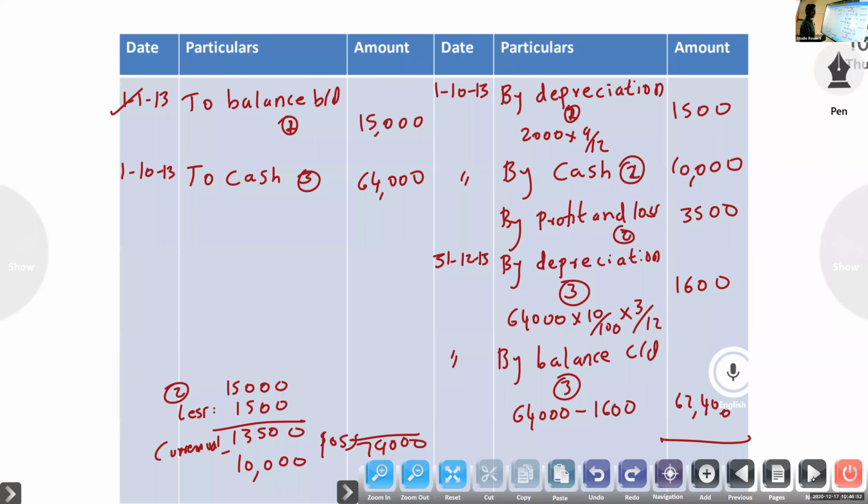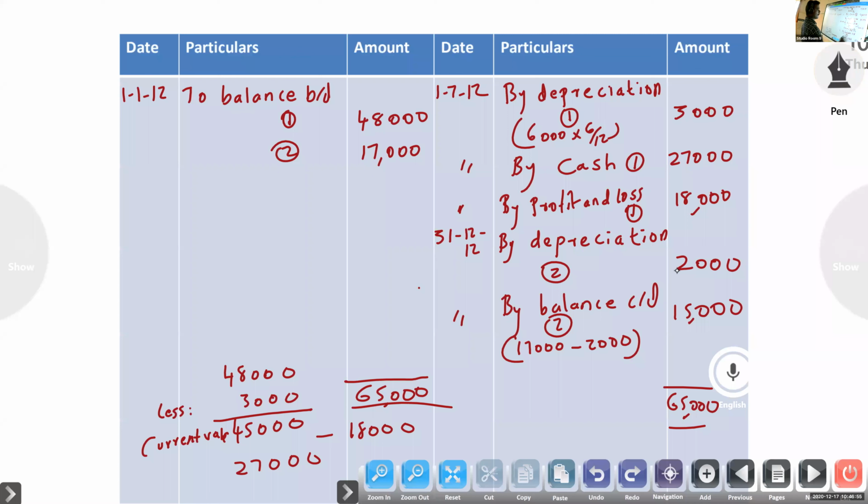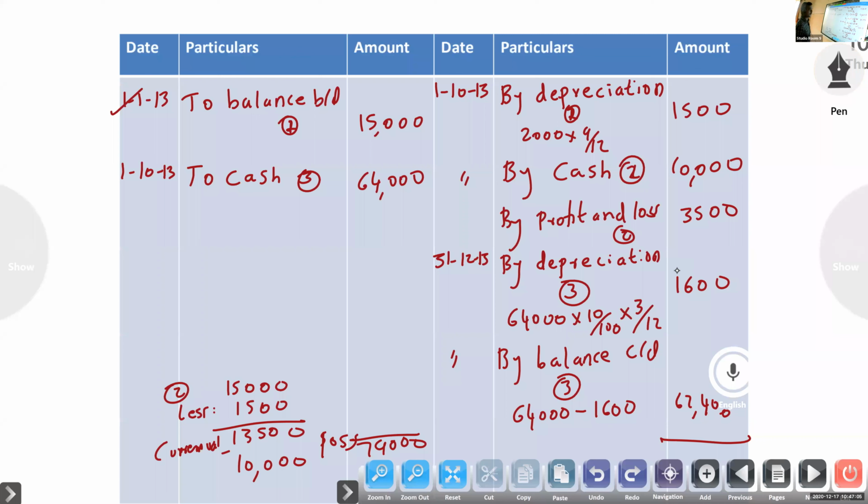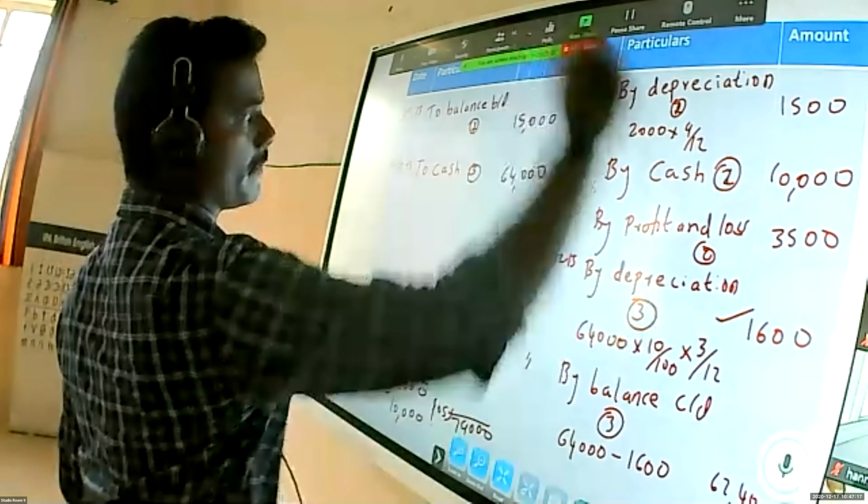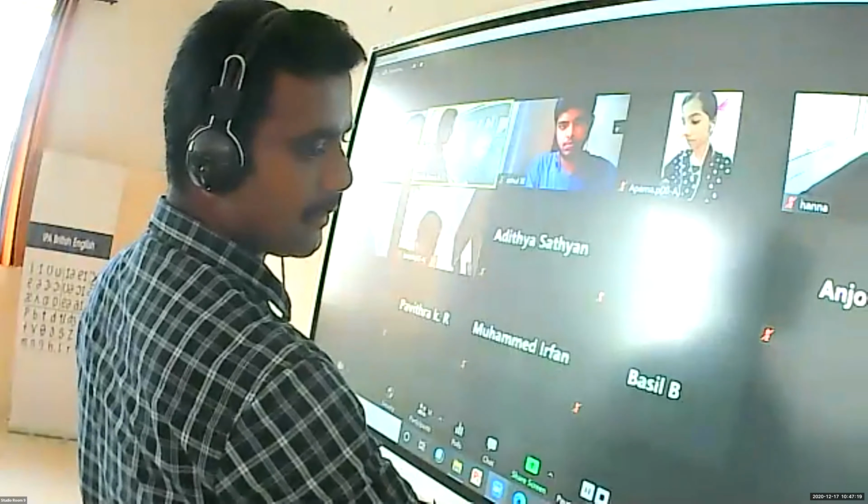Next year, if you write, then this depreciation will be 6,400. Next year also you have to do, if you have time. Only balance b/d, machinery 3, then by depreciation 6,400, then by balance c/d. Okay. Thank you.